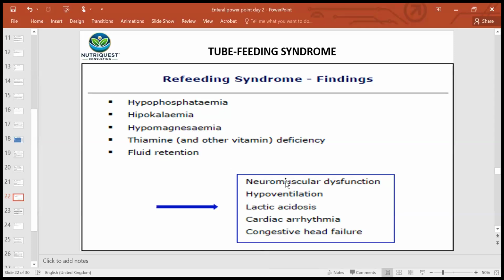Then, of course, they'll experience neuromuscular dysfunction, hypoventilation, lactic acidosis, cardiac arrhythmia, congestive heart failure. All those are some of the signs and symptoms you need to look for. So this is how you need to check for refeeding syndrome. This is also another slide I would like you to have with yourself.